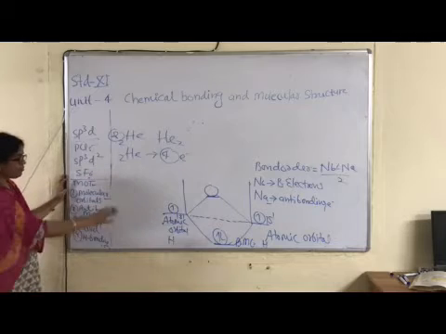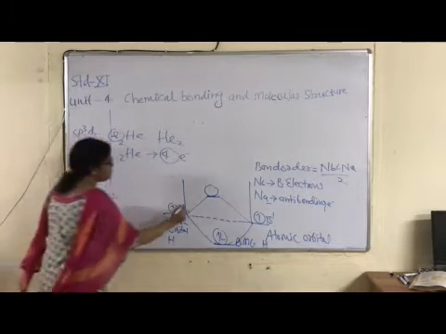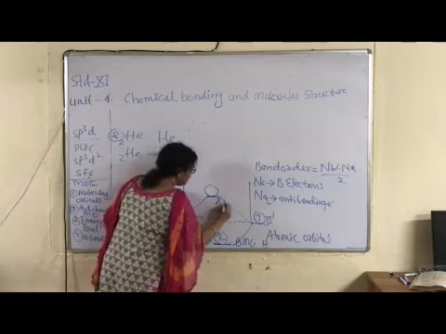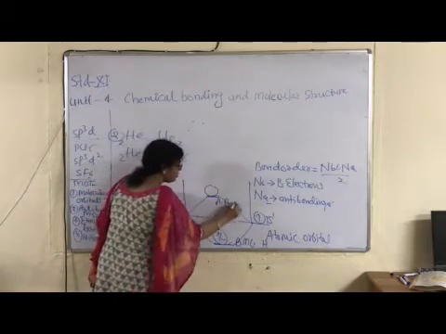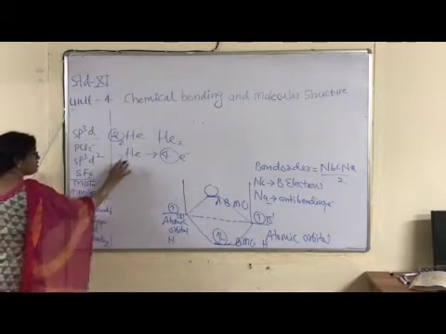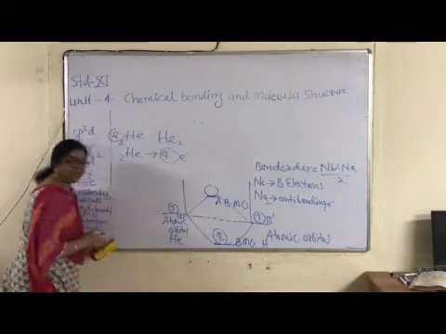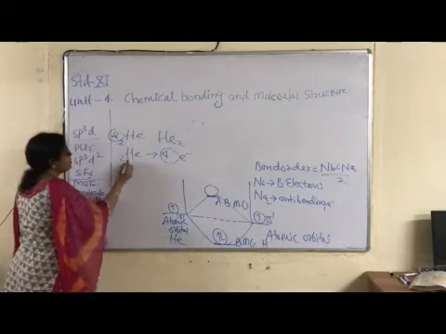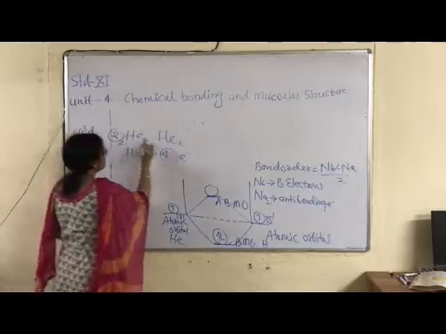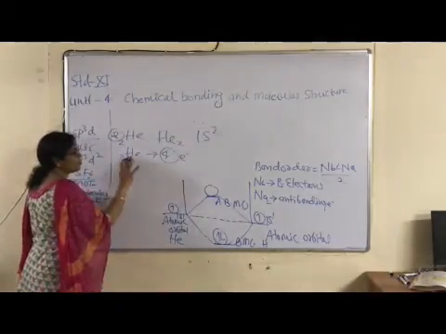Okay children, now the filling of bonding molecular orbitals and antibonding molecular orbitals. In the second case, this H is replaced by helium. Its electron configuration is 1s2, and the second one is also 1s2.